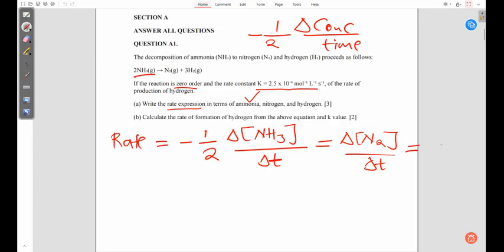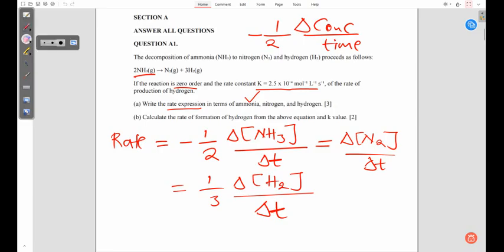That is also equivalent to, for the other part, 1 over 3 times the change in concentration of hydrogen, divided by the change in time as well. So that's the rate expression in terms of all the three.